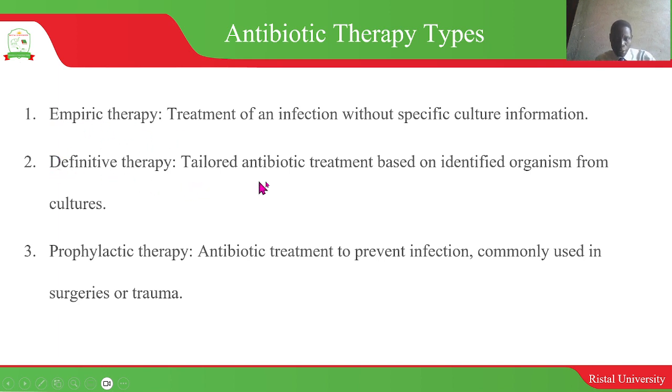Definitive therapy is tailored antibiotic treatment based on identified organisms from cultures. So here, definitive is the opposite of empiric. First of all, somebody gets sick, we get samples, take them to a culture and sensitivity laboratory, and then they'll tell us exactly what bacteria might have caused that specific infection.